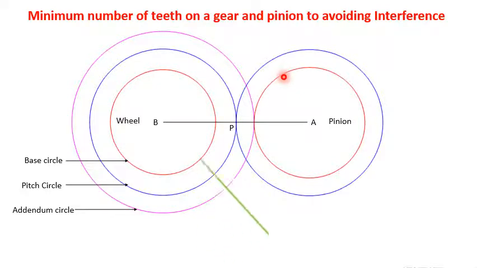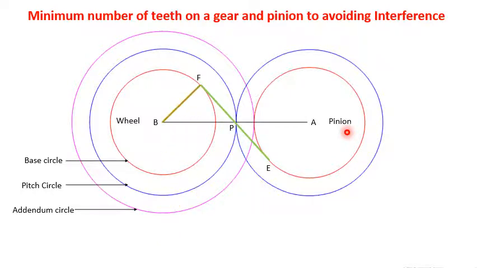Once this is done, draw the common tangent to the base circles. This is the base circle of the pinion and the base circle of the wheel. EF represents the common tangent to the base circle.